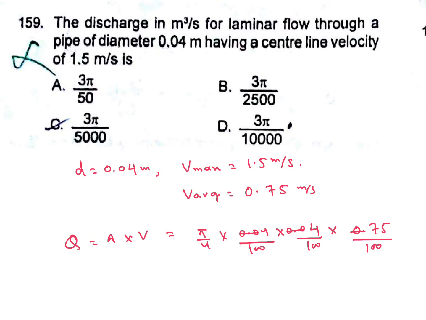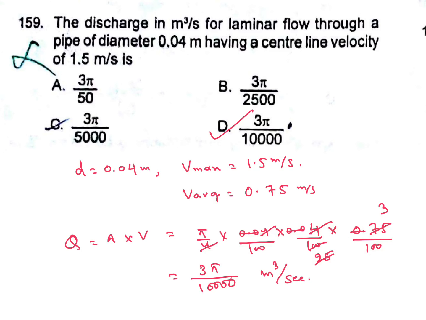We will get 4 cancel. Then 4, 25, 3 pi by 10,000. D is the answer. Unit is meter cube per second.